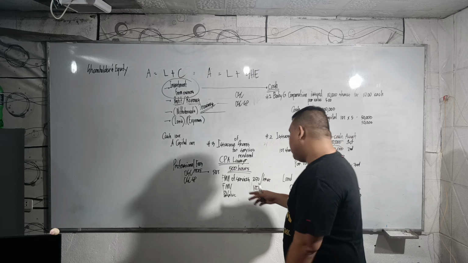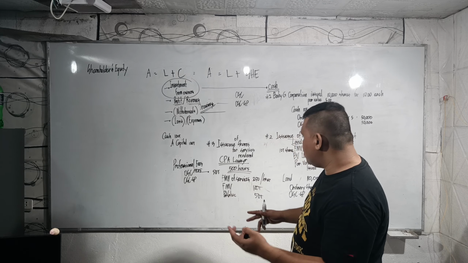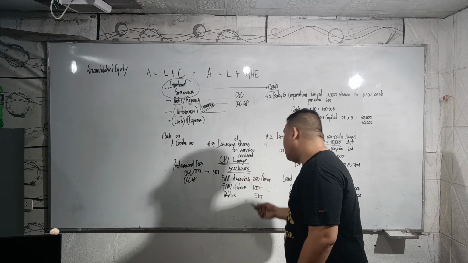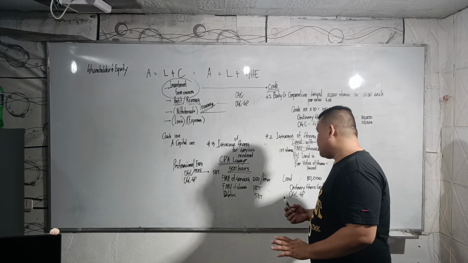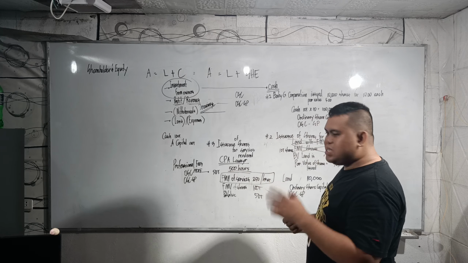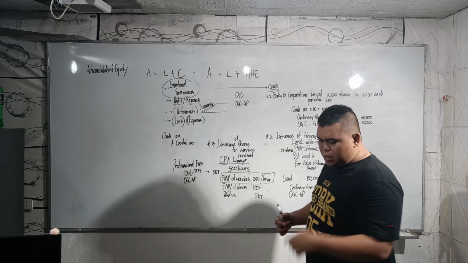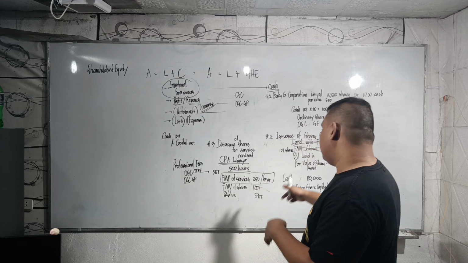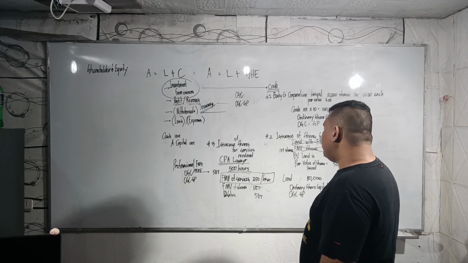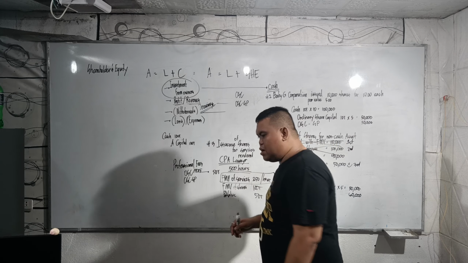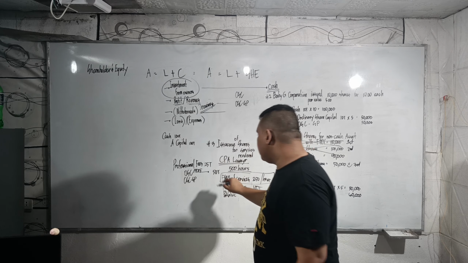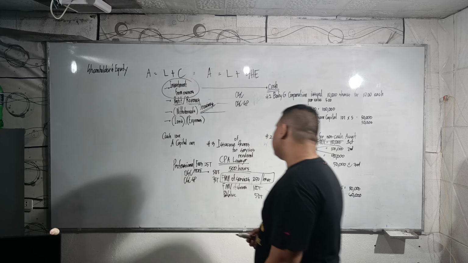It depends on the fair market value of the services or the fair market value of shares issued, whichever is more reliable. So if this is more reliable, based on the wordings of the problem that the lawyer is actually charging 250 per hour, then we use this. So 250 times 500 hours, that is 125,000, meaning this will become 75,000.